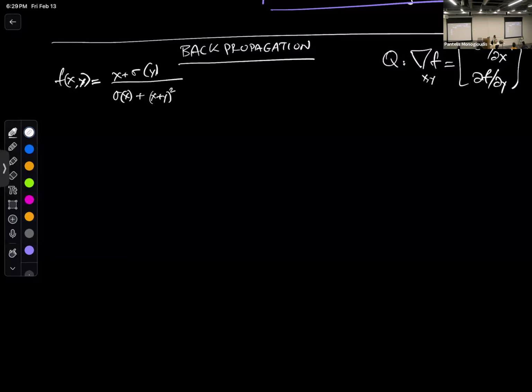So the first thing that frameworks like PyTorch, TensorFlow, and so on do is create a computational graph. So what is a computational graph? I have to open a parenthesis here, although I will delete it.